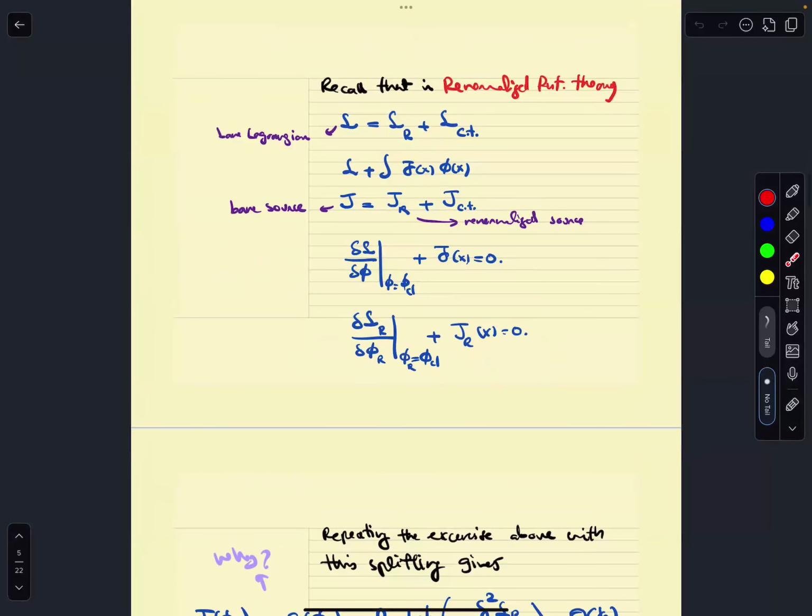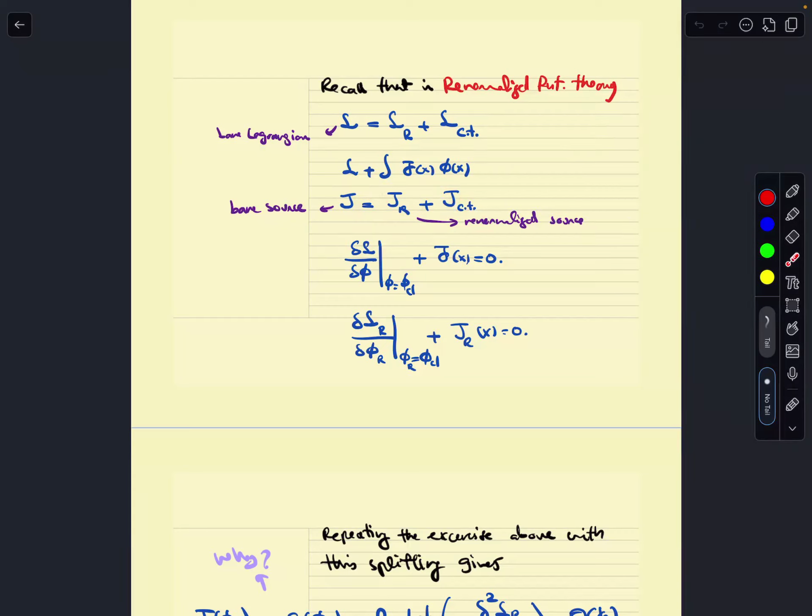Now, recall that in renormalized perturbation theory, what we did was we took the bare Lagrangian and wrote it as a renormalized Lagrangian plus a bunch of counter terms, right? So we're going to do the same thing, and then in the presence of the source. For this bare source, we're also going to write the source as a renormalized source plus source counter terms.